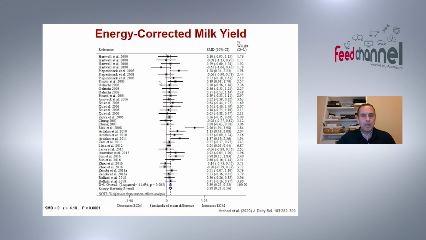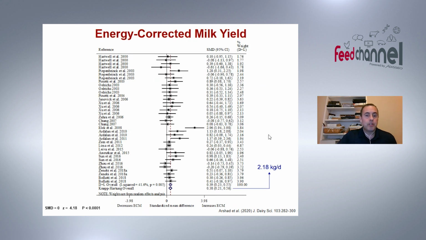If the point estimate falls to the left, it means that it numerically decreased milk yield. You can see the confidence limits in the overall response, which is the dashed red line with the random effects, showing that there was an increment in energy corrected milk across all comparisons of almost 0.4 standard deviations, which translates into approximately 2.2 kilograms of milk.